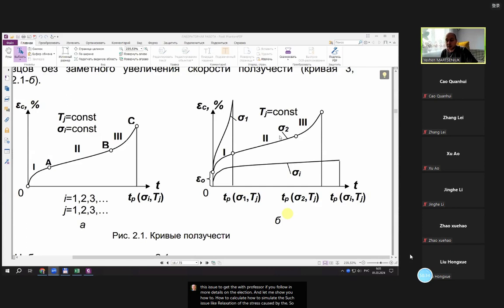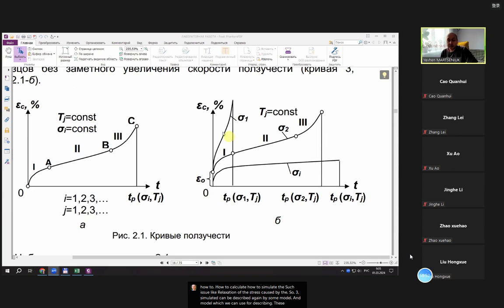So creep can be simulated, can be described again by some model, and a model which we can use for describing such a curve.